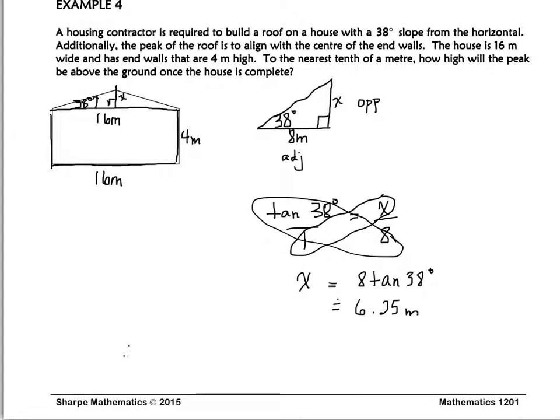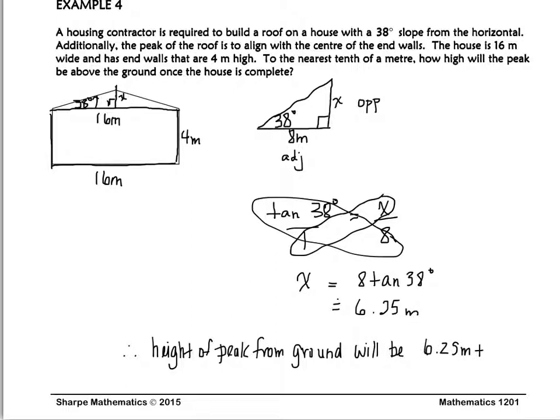So therefore, the height of the peak from the ground will be your 6.25 meters plus your 4 meters that it's right here. You're going to add the 6.25 to this height of 4 right here, and that should give you 10.25 meters above the ground.